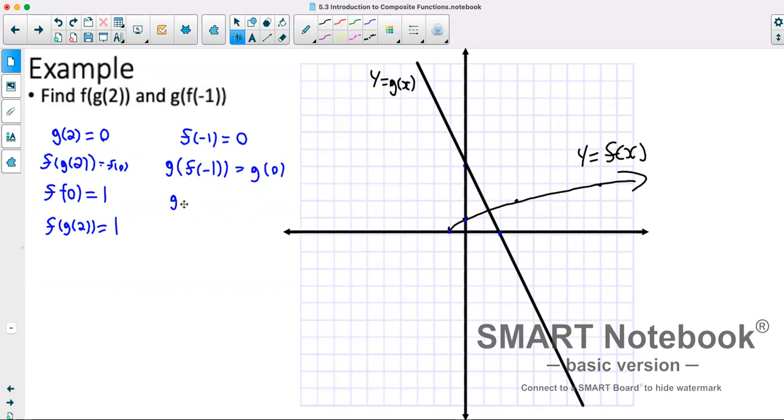Now we'll look up what g of 0 is. g of 0 is this point here, so it is at positive 1, 2, 3, positive 4. Therefore we can say g of f of -1 is positive 4.